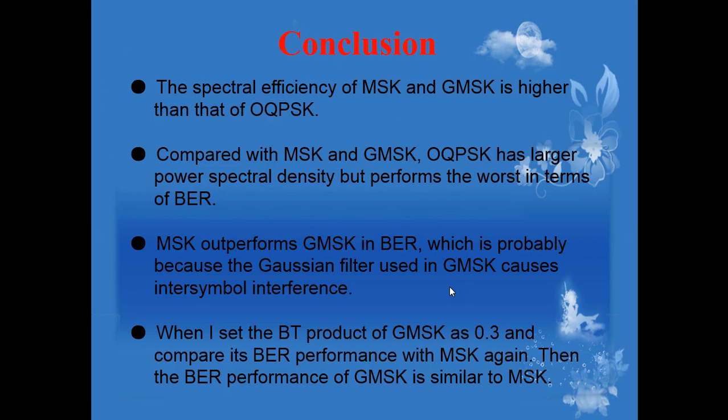The third one is that MSK outperforms GMSK in BER, which is probably because the Gaussian filter used in GMSK will bring us inter-symbol interference. The last one is that if I set a different BT product, the performance of GMSK may be even better than MSK. For example, the BT product is equal to 0.3. Then at this time, GMSK becomes our best modulation method.